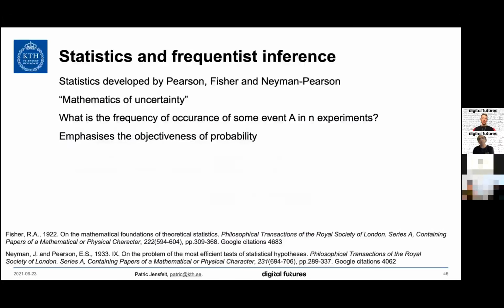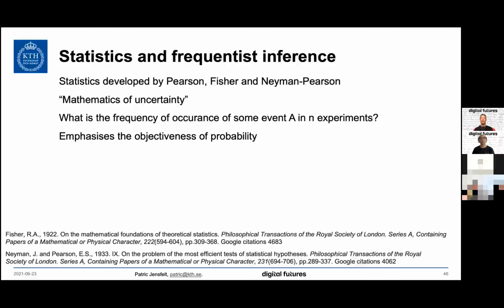Okay, so we said that statistics was on the rise, and some of the most influential people at the time were Pearson Sr., Karl, if I remember right, and then we had Ronald Fisher, and then we had Neyman and Pearson, where Pearson is Pearson's son. And they really developed the mathematics of uncertainty.